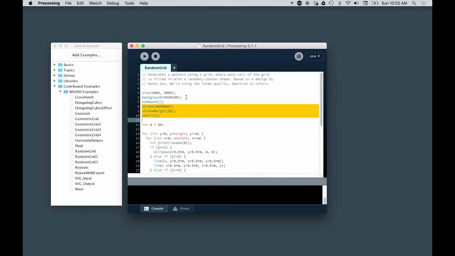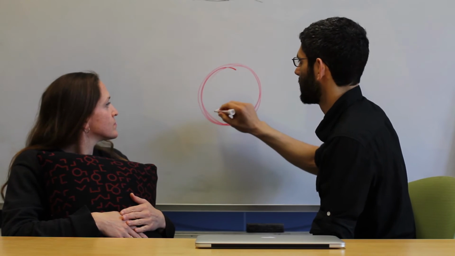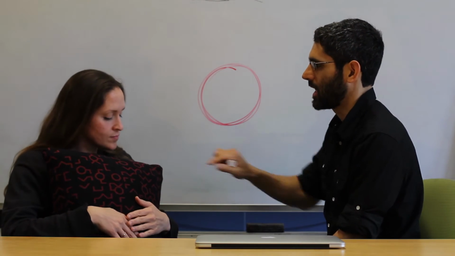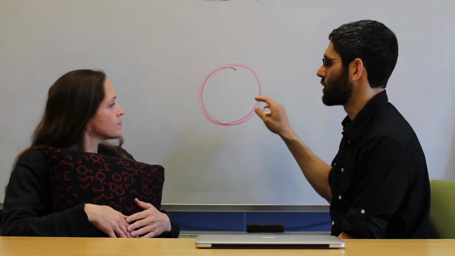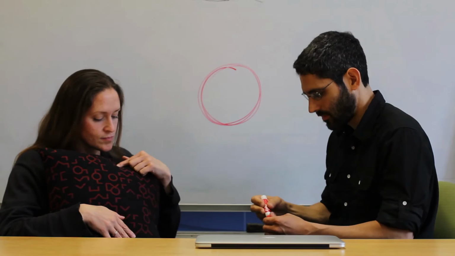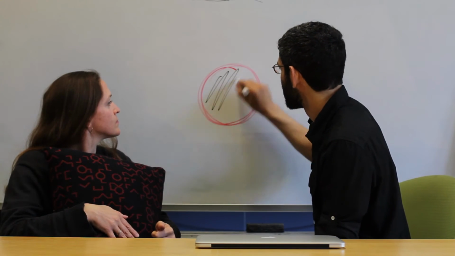The next few lines are setting the stroke and the fill of the shapes that we're going to draw. So when you draw a shape, you have the outline, that's the stroke. So in this case we have a red stroke, like in Bonnie's design, and the stroke weight is 15 pixels, so we get these nice fat lines. And then there is the fill, which fills in the shape.